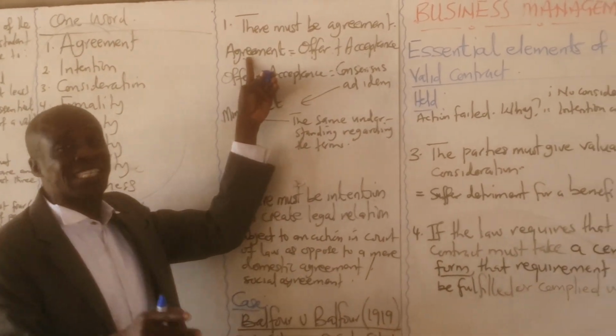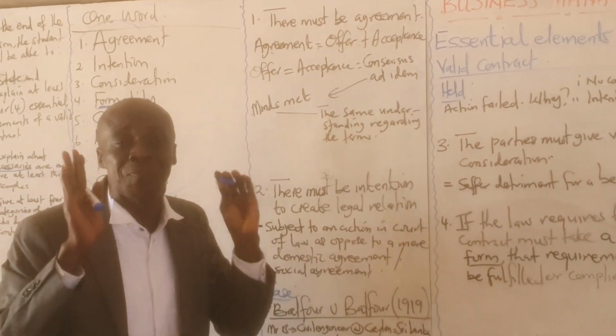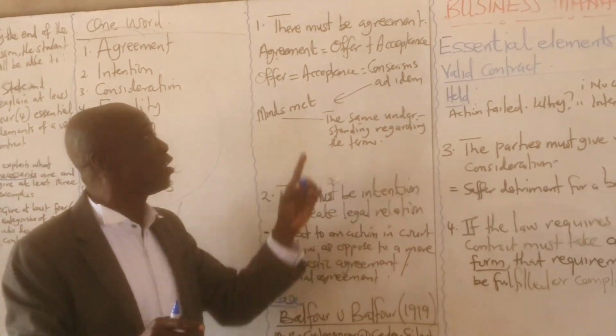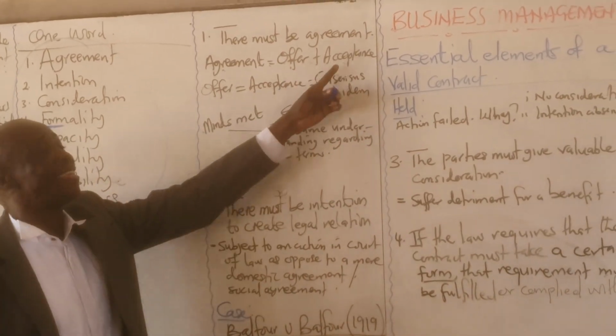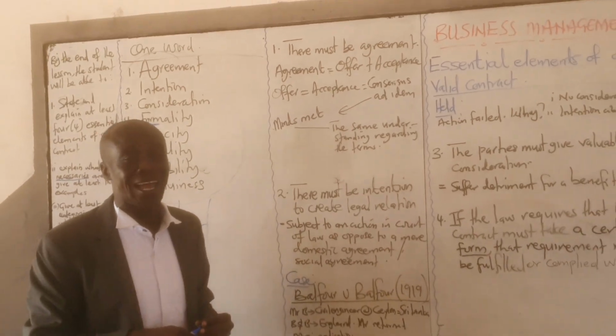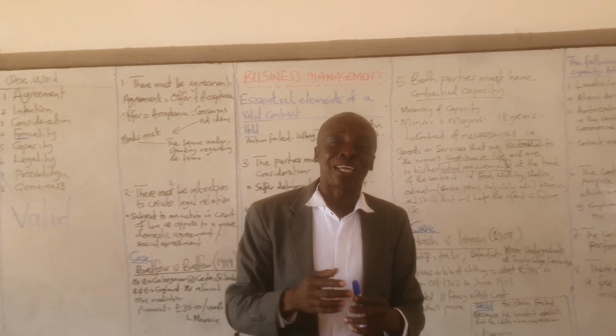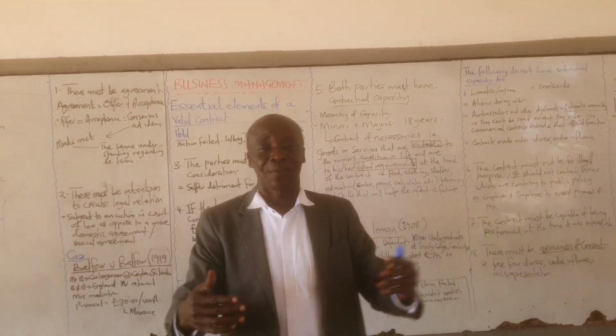So if somebody says number one is agreement, number two is offer and acceptance, the person is saying the same thing. So there must be offer and then there must be acceptance. When the two come together, then there is agreement. But you see, it is not just a matter of there is an offer and there is acceptance.